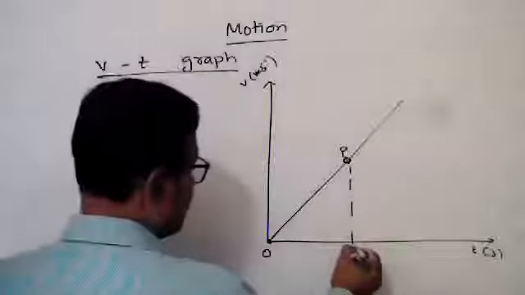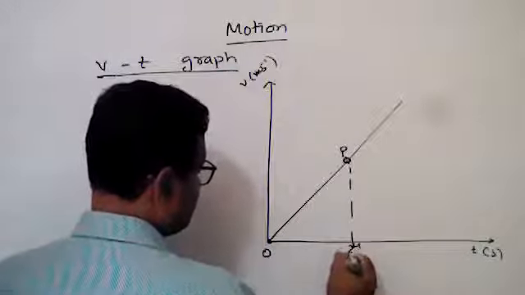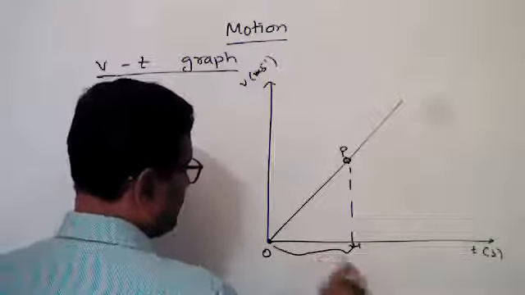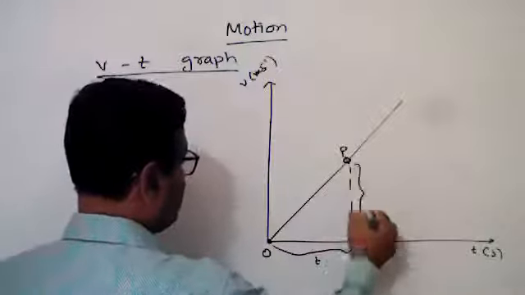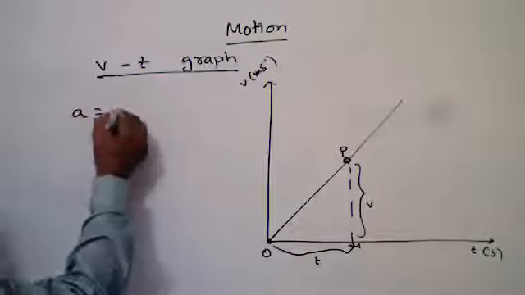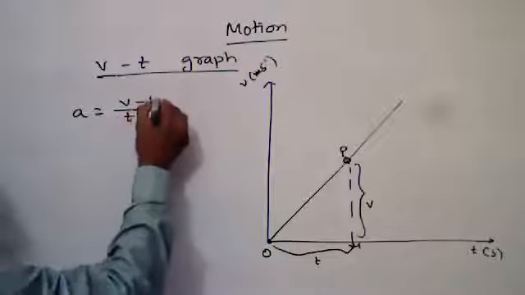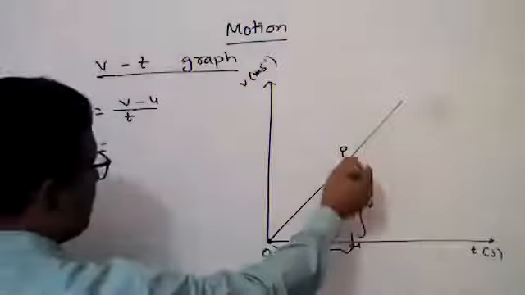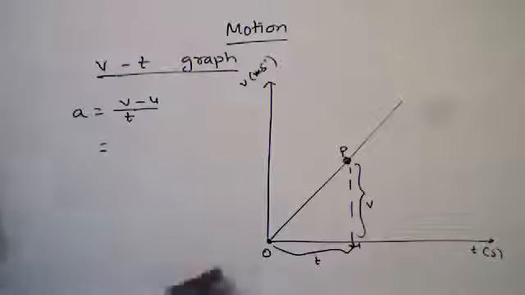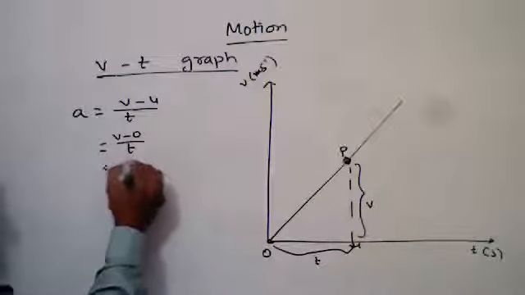Here is the point M, and suppose this is time T. So it is the time T and the change of velocity V. Acceleration is V minus U by T. At point P the velocity is V, and at point O it is 0. So we can write V minus 0 by T, that means V by T.